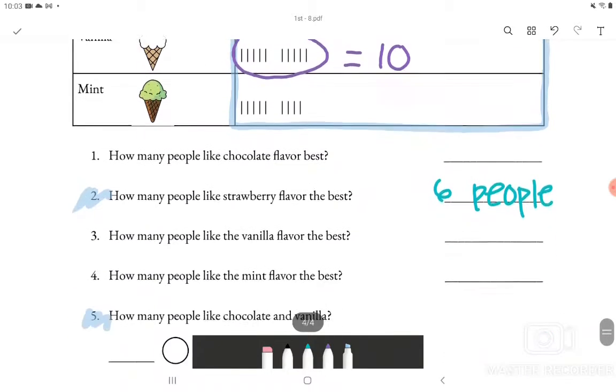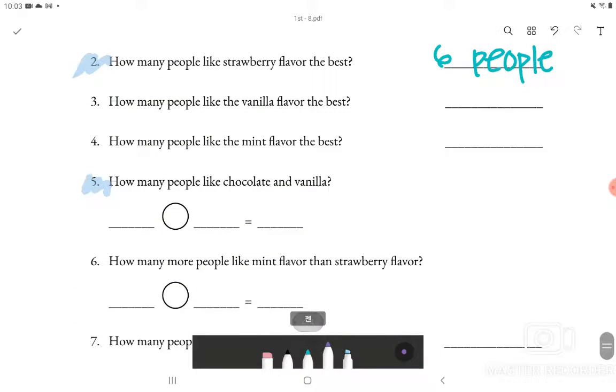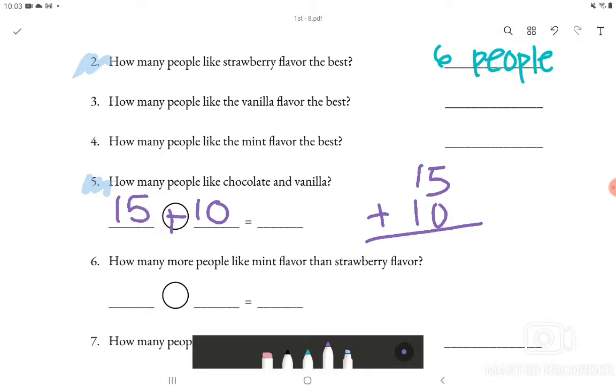So 15 and 10, we'll plug it into the equation. And we're adding them together because it's people who like chocolate and vanilla. So when you do 15 plus 10, we'll first have to do 5 plus 0, which is 5, and 1 plus 1, which is 2. And we'll get 25. So 25 people like chocolate and vanilla.